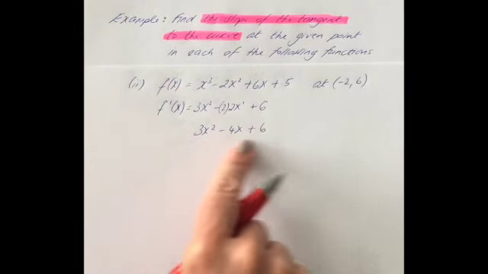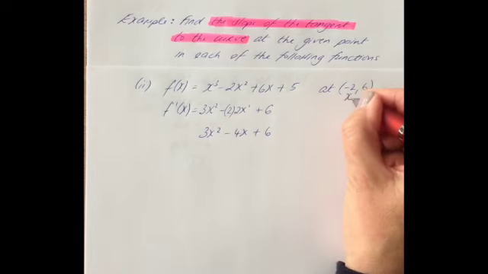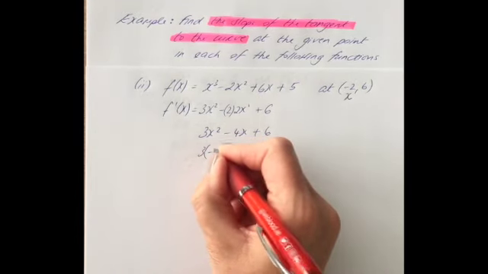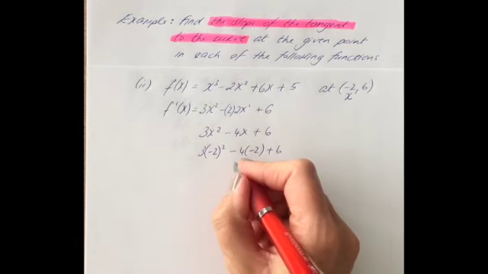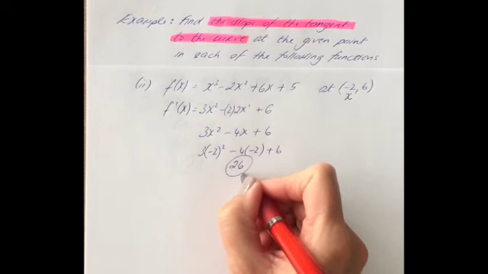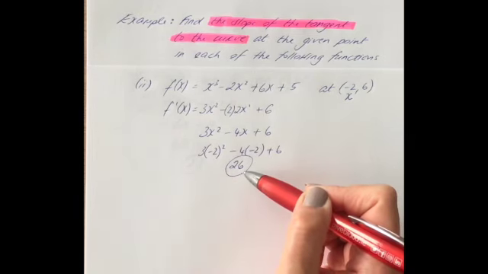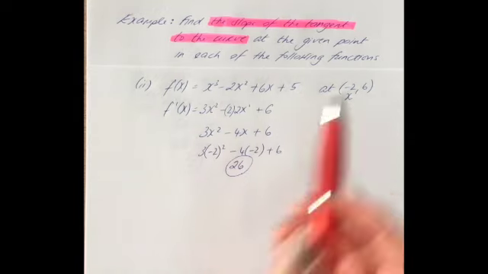That's the form, of course, but we want the very tangent that's at that point. So when that's the x-coordinate, I'm going to sub in that -2. And we get 26. So 26 is the slope of that tangent line that is touching that curve at that point.